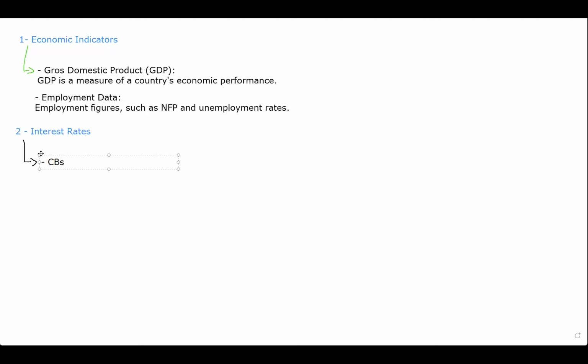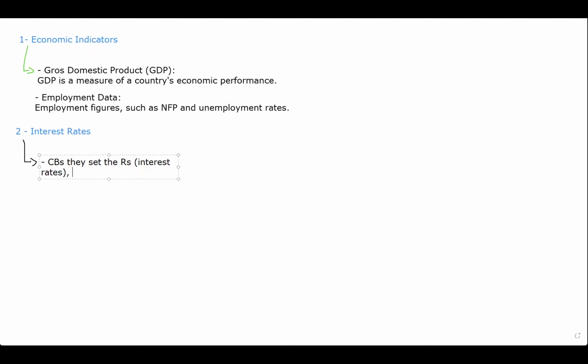I've explained this last time. They set the rates, all right? Interest rates. Well, this time I'm going to be more professional. I'm going to use professional language with you guys. So the CBs set the rates, that is the interest rates.